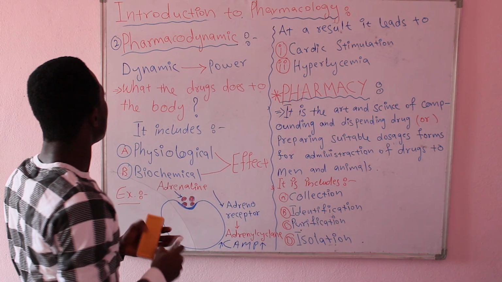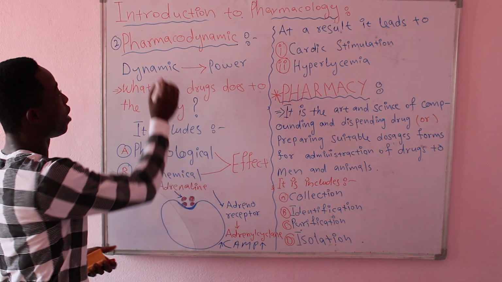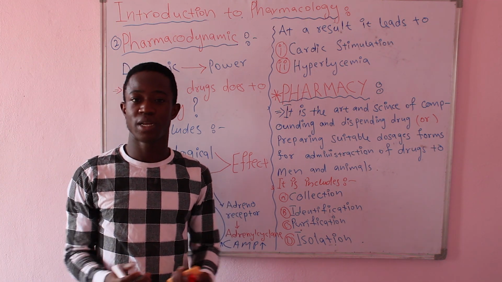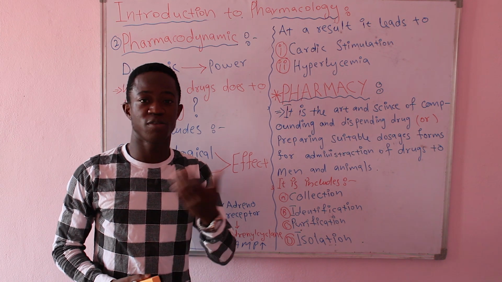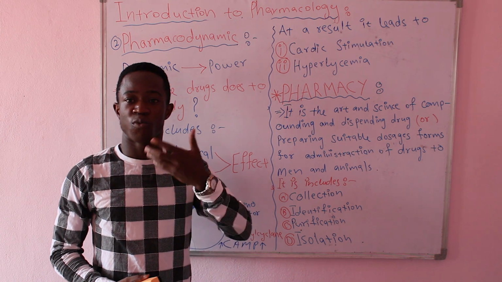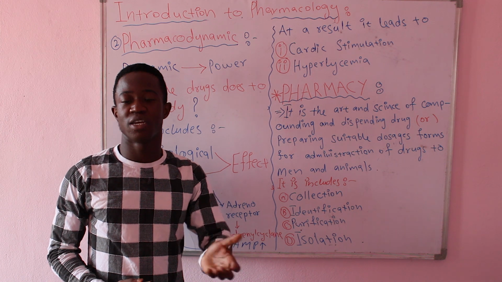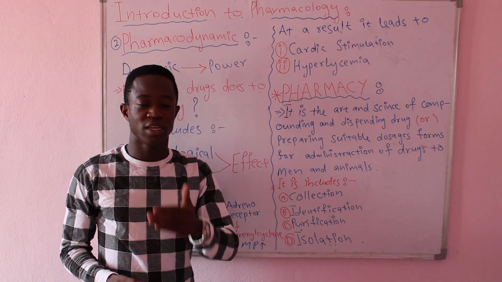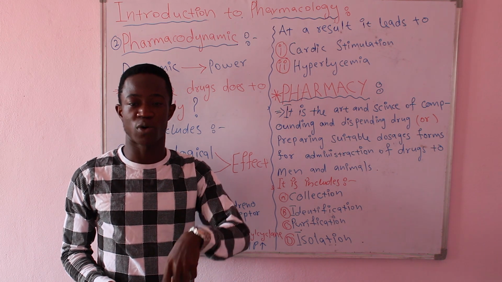We will now be looking at the dynamics. Previously we said the kinetics is what the body is going to do to the drugs. Now we are saying what the drugs are going to do to the body.